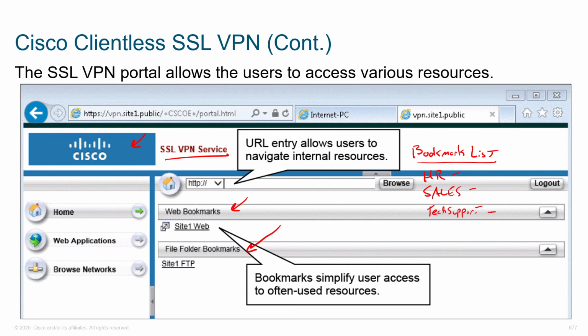And again, when users from these departments log in, they'll have different capabilities. For example, what you see up here with this URL entry bar, this is really a feature. This is something that can be granted or taken away, but it gives the end user the ability to browse if they know where they're headed inside of the organization.